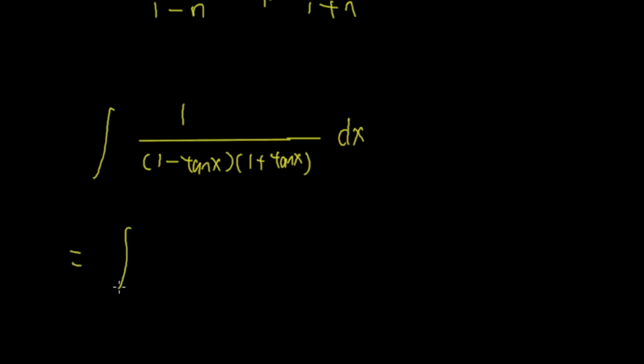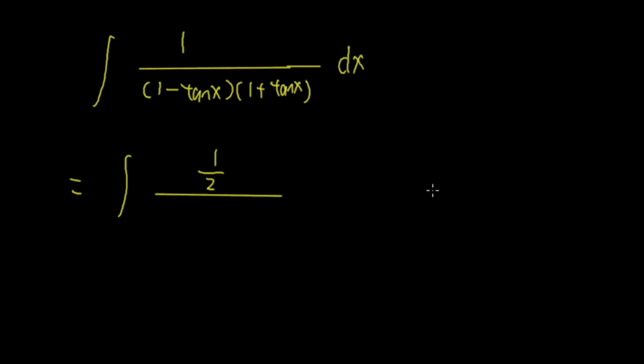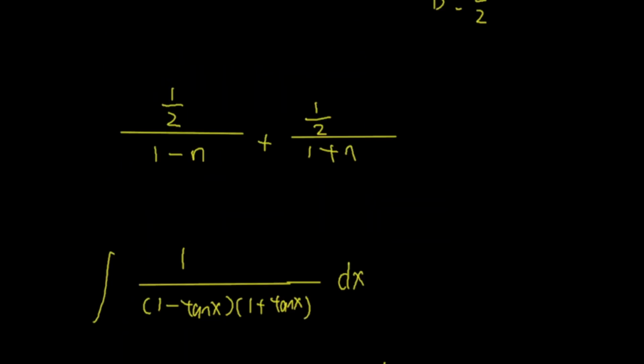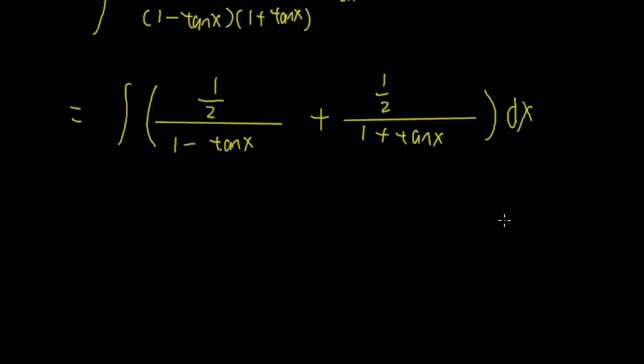It's the same as integrating 1 over 2 divided by, n is tangent x, right? So 1 minus tan x, plus 1 over 2 divided by 1 plus tan x dx. And of course, I can break this down, right?